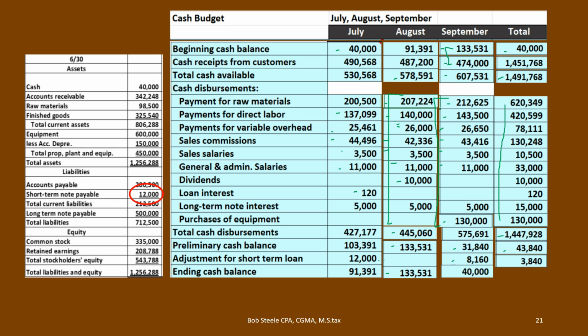We paid off the $12,000 loan, and then we took out another $12,000 loan here. So this is actually a subtraction problem, and we brought this out, and that brings our ending balance to the $40,000, the $43,840 minus the $3,840. So these are broken out per month. This is broken out for the total quarter.